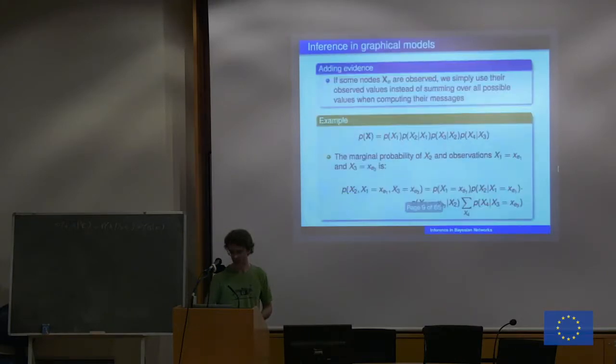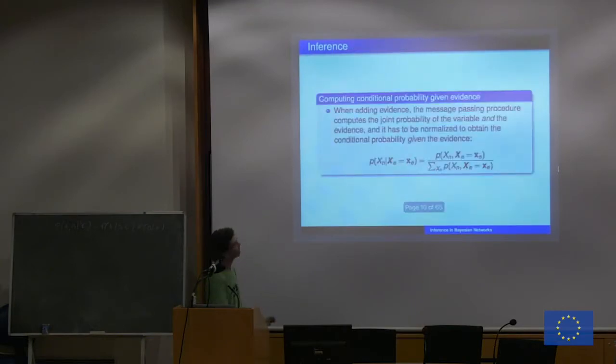So in the previous case, you take this stuff, you sum over x2, and you get the probability of the evidence. That is marginalization. Now, you divide by the evidence, and you get the conditional probability.